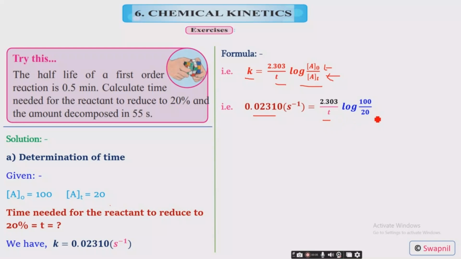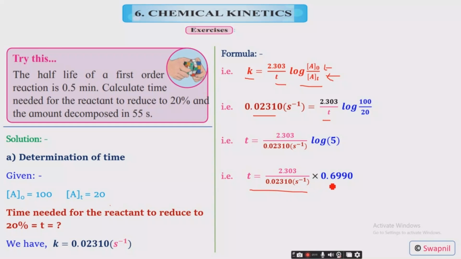Now 100 divided by 20 is 5, so by rearranging we get T is equal to 2.303 into log 5 divided by 0.02310 second inverse. Now log 5 is 0.6990, so T is equal to 2.303 divided by 0.02310 second inverse into 0.6990, which is the log of 5.